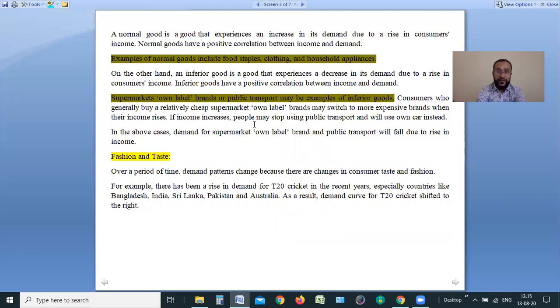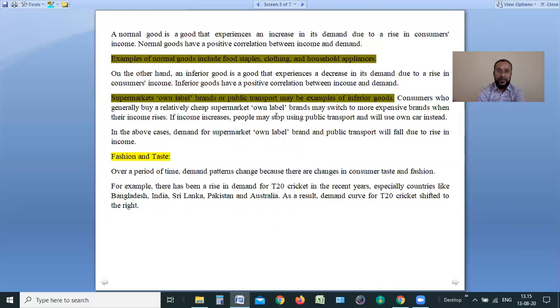On the other hand, an inferior good is a good that experiences a decrease in demand due to a rise in consumers' income. Inferior goods have a negative, I'm sorry, here by mistake I wrote positive correlation between income and demand, so it will be a negative correlation. That means if income decreases, then demand for these goods will increase, and if income increases, demand for these goods will decrease. I gave some examples also.